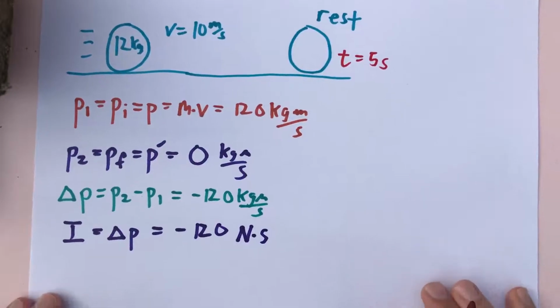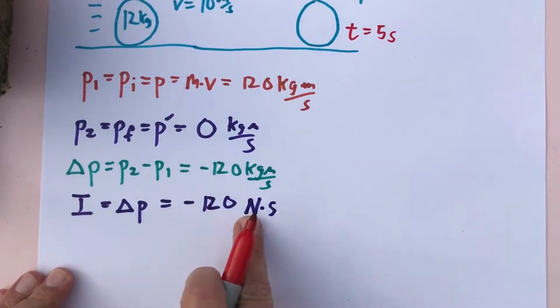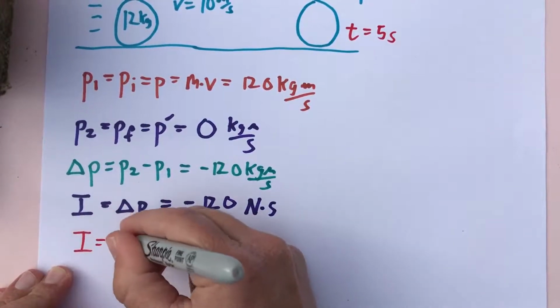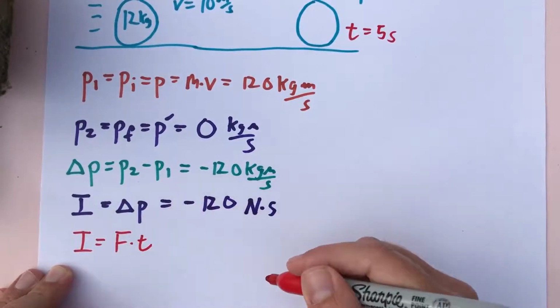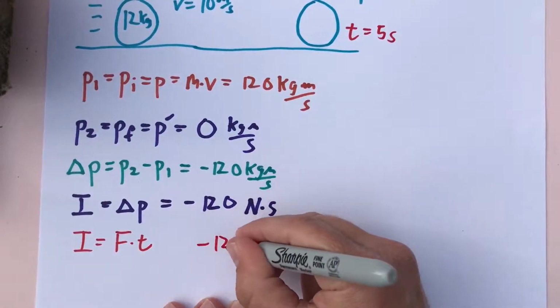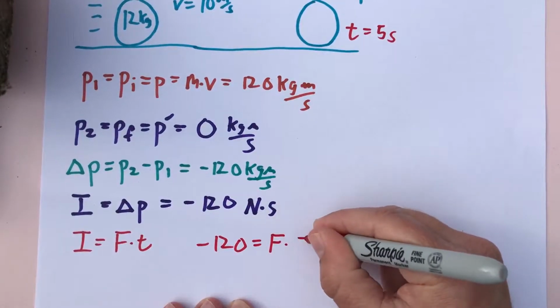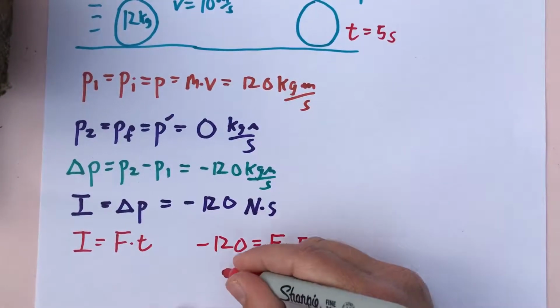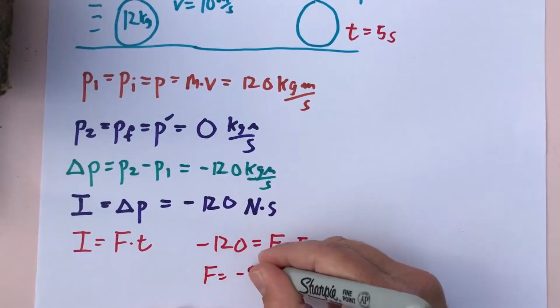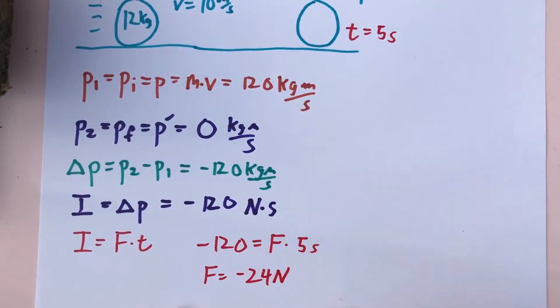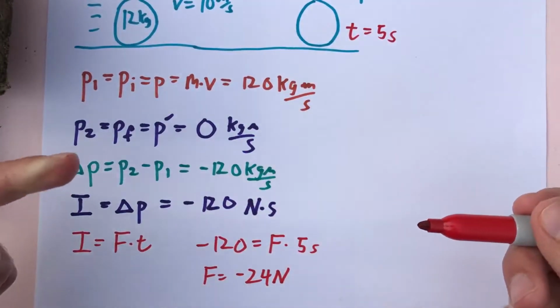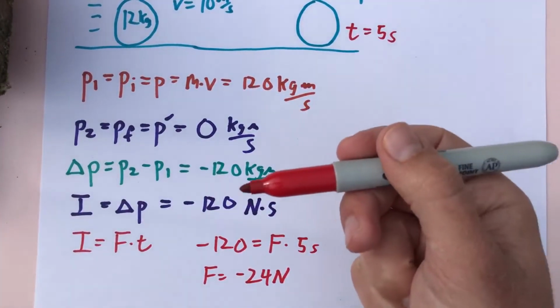What would be the force necessary? Well, if we already know the number for impulse, we can use that along with impulse is equal to force times time. So we know the impulse is negative 120. We're looking for the force. We know the time is 5 seconds. So if we solve for the force, we'll get negative 24 newtons. In other words, the negative now means to the left, which makes sense. If this ball was rolling to the right, to stop it, you'd have to push to the left.